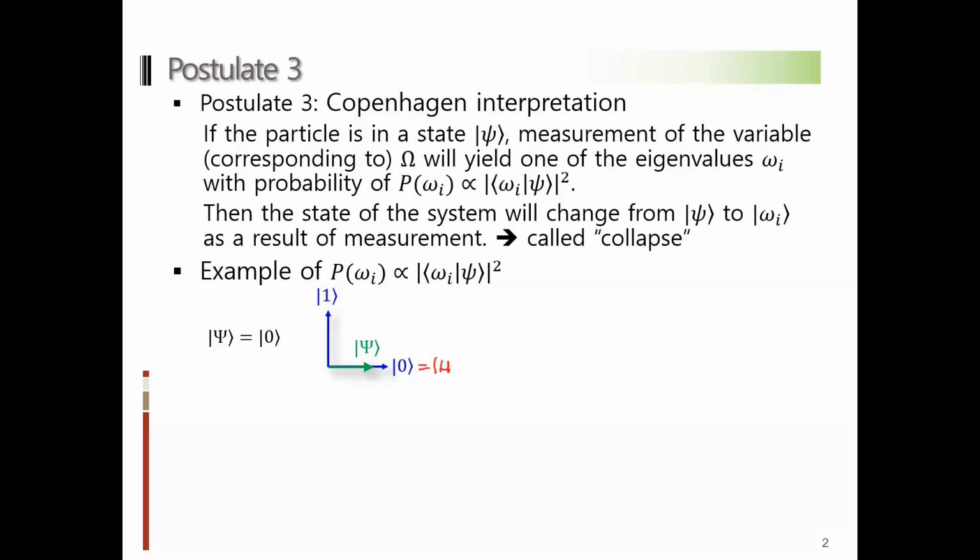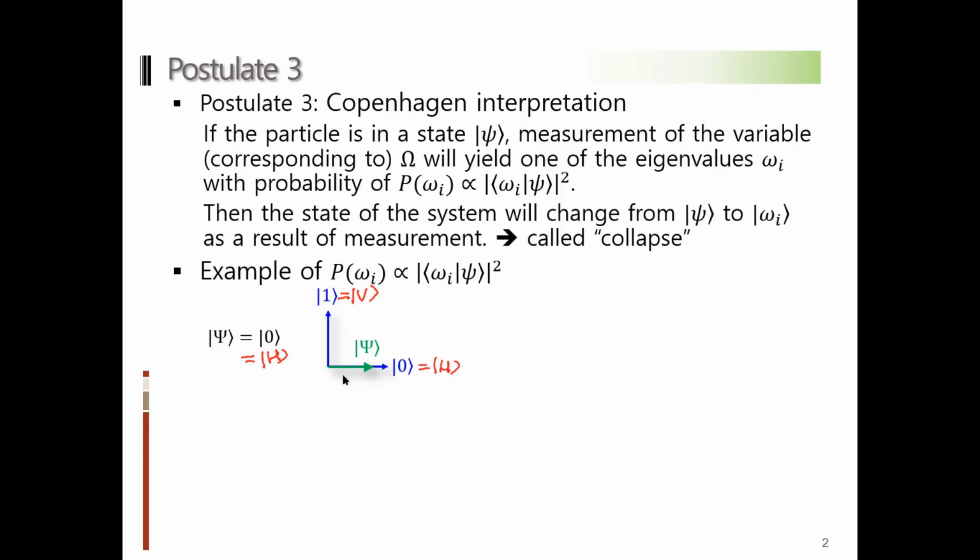You might think that 0 is represented by horizontally polarized light, and 1 is represented by vertically polarized light. If we have a quantum state that is zero, in other words horizontally polarized, what do you expect when you measure the polarization? Of course, it should be horizontal, or zero.